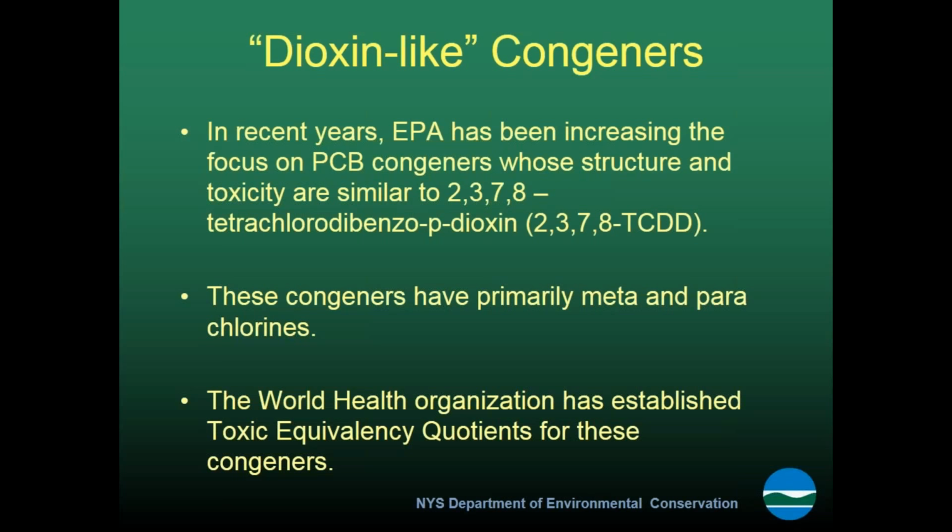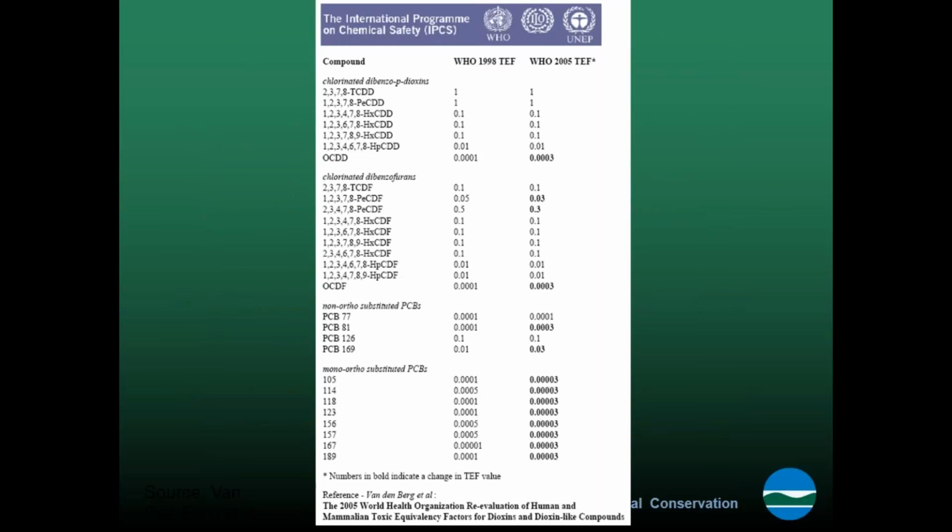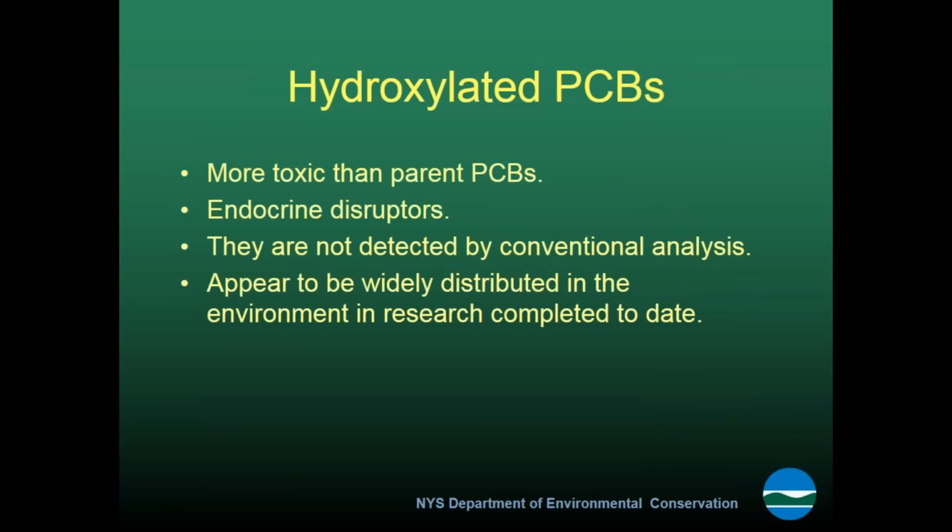To date, EPA hasn't followed suit, but that's something to be aware of. Similarly, another branch of PCBs, the hydroxylated PCBs, may be more toxic than the PCBs that we're looking at right now.